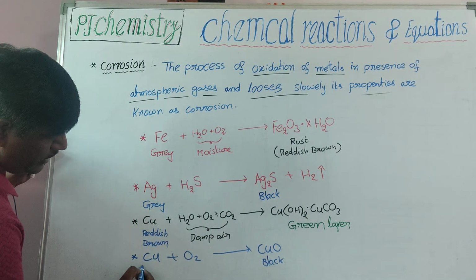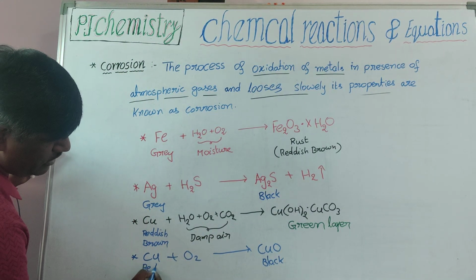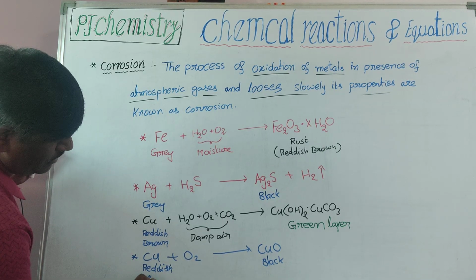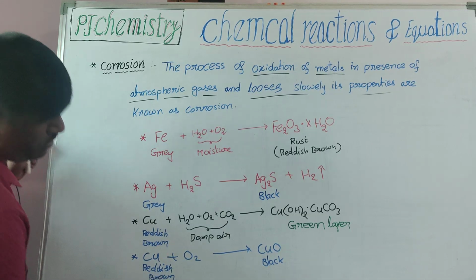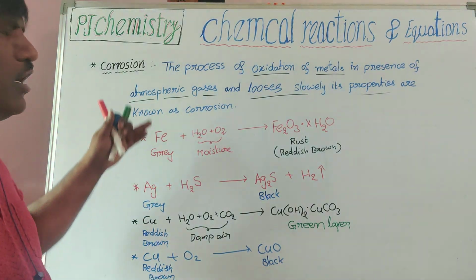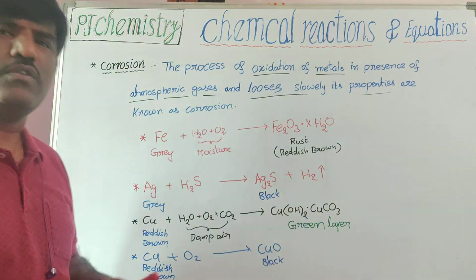Copper is actually reddish brown color. This reddish brown turns into black. Okay, these are the important equations for corrosion.